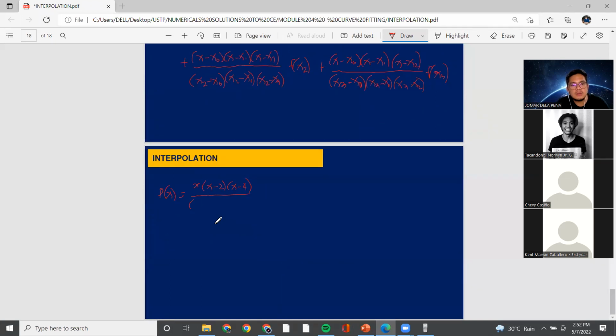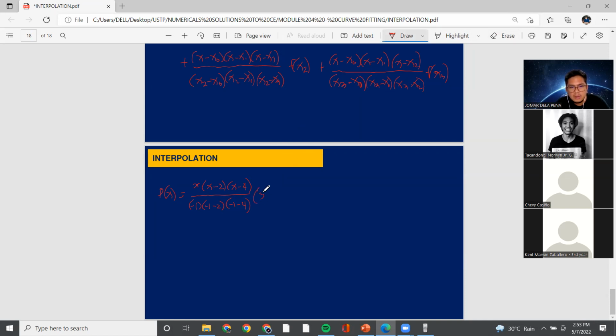So this is negative 1 minus pila is 0. So negative 1. Then we have negative 1 minus 2, negative 1 minus 4 times function of X sub O, that is 3, no?